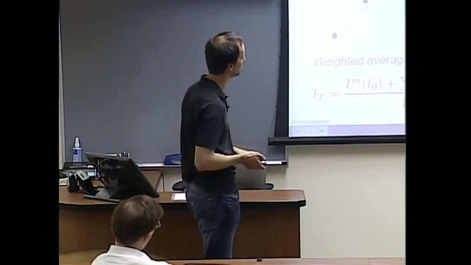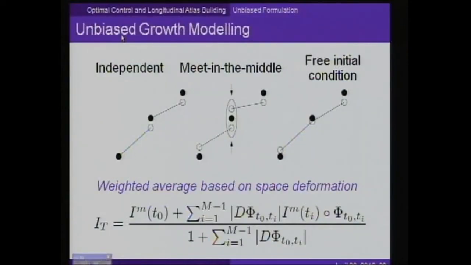And then, as I said, you can do this for time series. Then again you would just have a free initial condition and a free final condition, and you would have something that is symmetric. If you go through all these derivations, you end up with a sort of ugly-looking equation. But what it basically means is if you have a given velocity field and you want to compute the associated template, then it's like weighted averaging in whatever reference frame you choose.